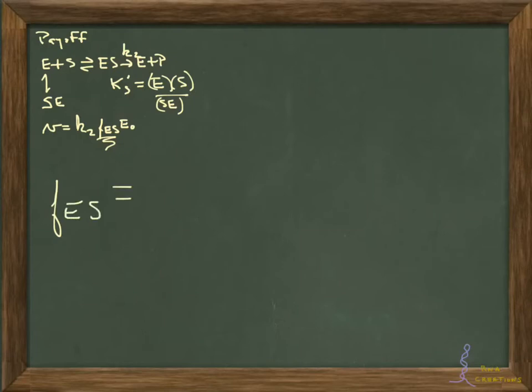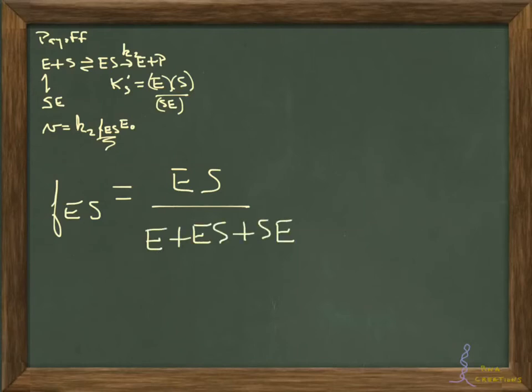So fraction ES is going to equal ES over the sum of all E. And how many E species do I have now? 3. That's right. And I can write them down. I'm going to write them down as E plus ES plus SE.